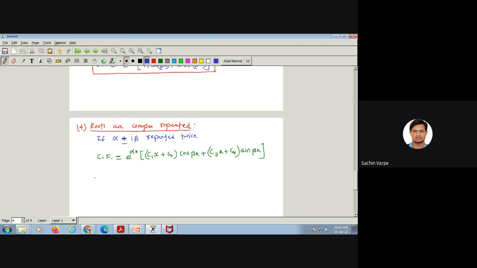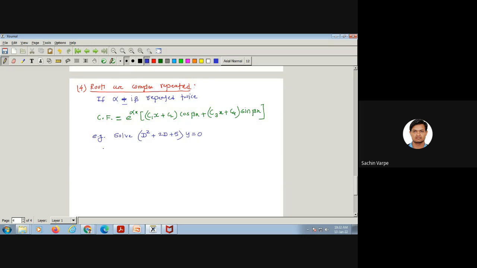For example, solve D square plus 2D plus 5 times y equal to 0. Then please check what the roots of this are. D square plus 2D plus 5, the auxiliary equation, equal to 0. So what are the roots here?